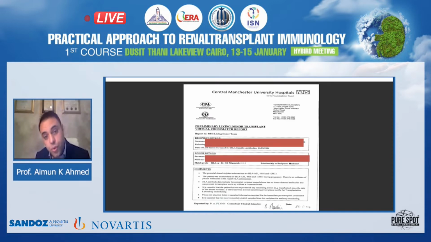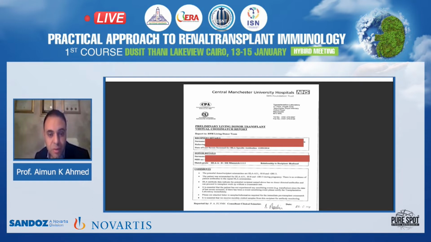This is another report from our center, for a virtual cross-match, and it clearly identifies that the potential donor and recipient mismatches are HLA-A31, for example, and B18 DR13. The patient was mismatched for these HLA antigens during pregnancy. There's no evidence of patient antibody to the repeat HLA mismatch.